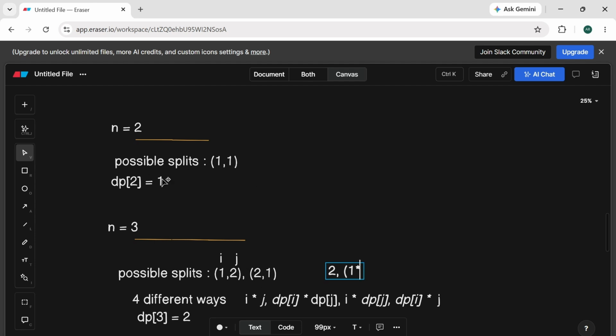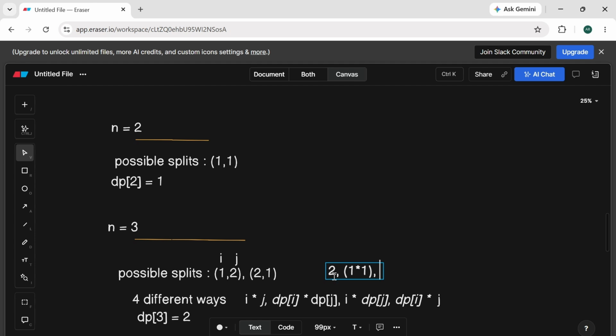Because in 2 also we are splitting, whatever the remaining length is, we perform the split operation on that length also. So that is why the answer for 2 is 1, which means dp of 2. I'll also explain what dp of 2 is. Don't worry about it, for now just understand what I'm explaining. So one thing is like this.